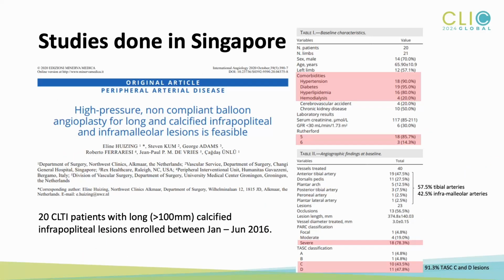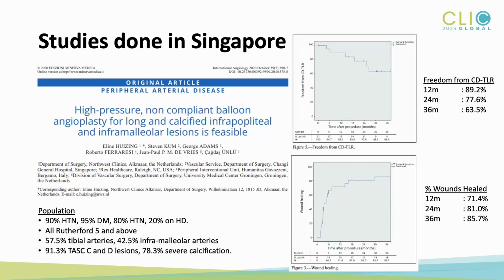The first one is the initial one in 2016, where 20 patients with long, 100 millimeters, calcified lesions were enrolled, the usual smattering of comorbidities, and they all had Rutherford 5 and 6 lesions with CLI-C and D. Results are shown here.